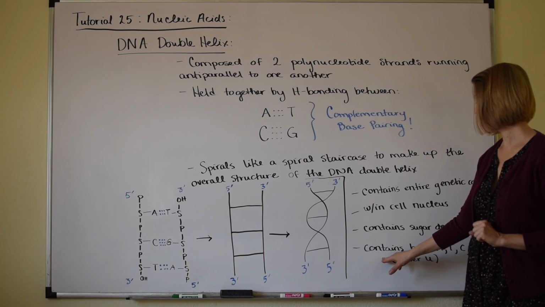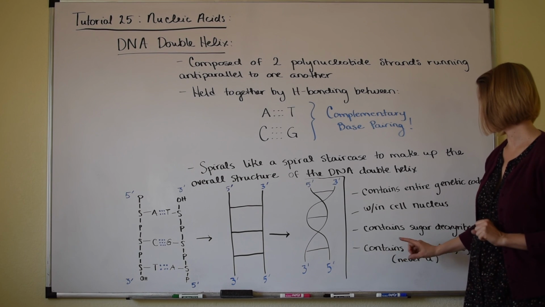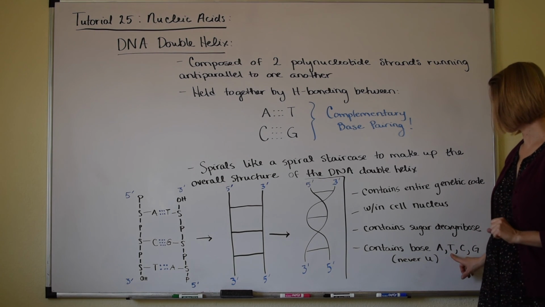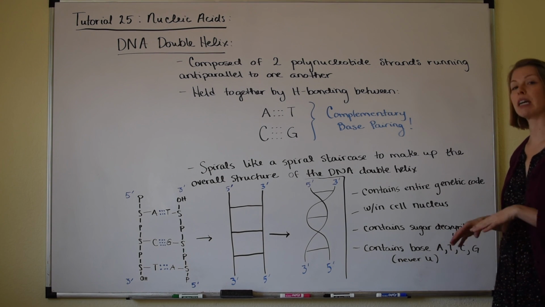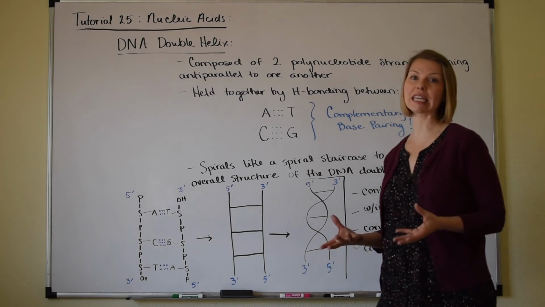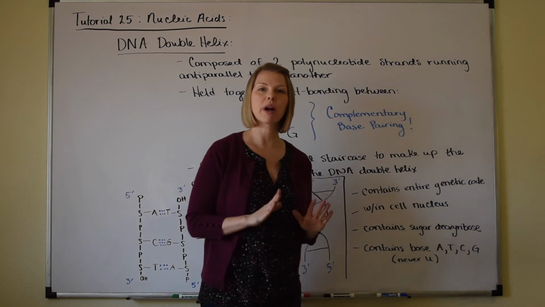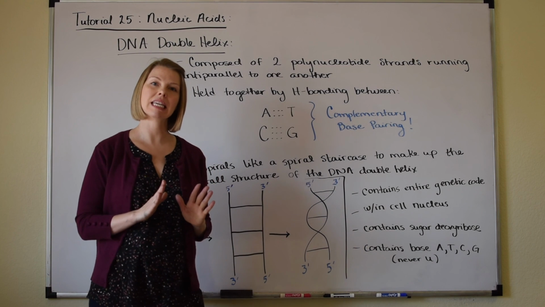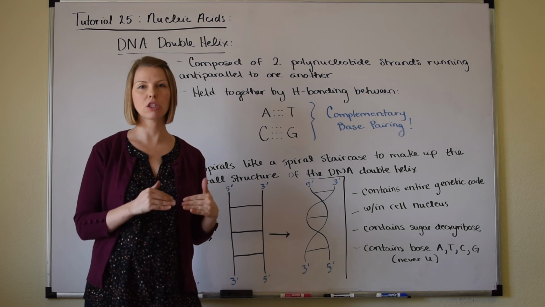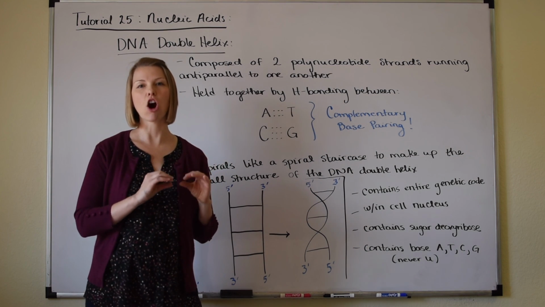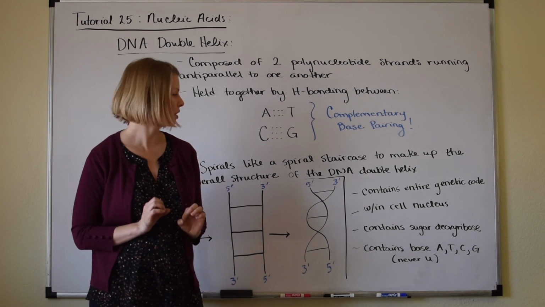Remember that RNA contains the sugar ribose, not deoxyribose. And RNA contains the bases A, U, C, and G. Because when that copy of RNA is made, everywhere that there was a thymine in the DNA, it's replaced with a uracil in the RNA copy. All right.